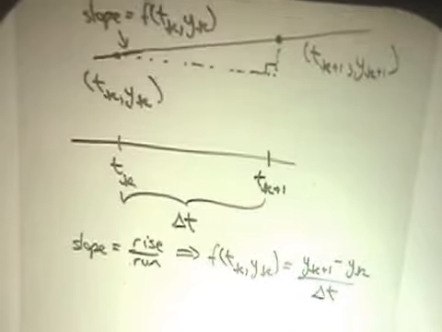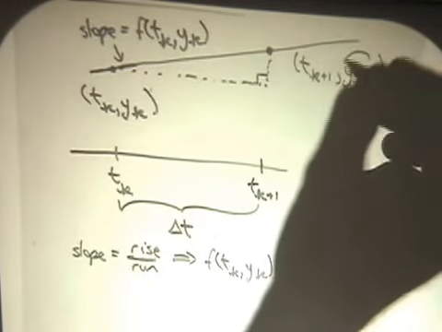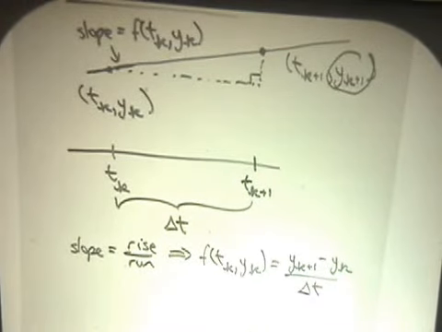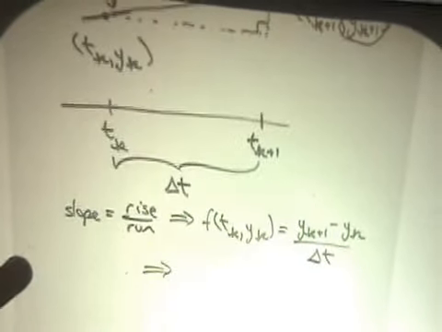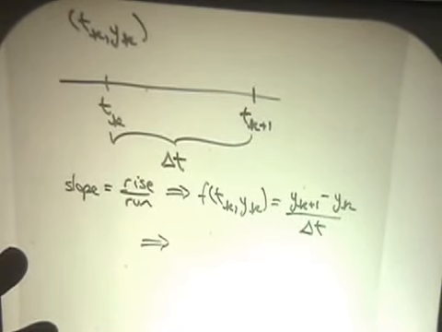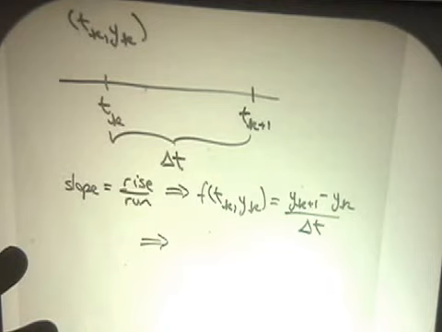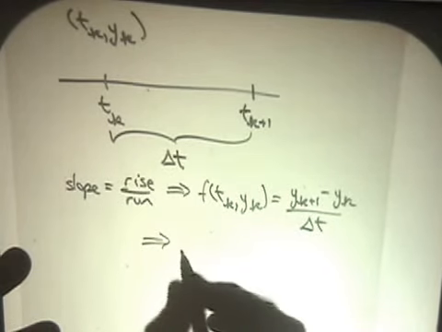And remember that I want to solve for y sub k plus 1. That's what I'd like to know. So all I need to do is use some algebra to solve this equation down here for y sub k plus 1. Try doing it in your head. Multiply both sides of the equation by delta t. Then add y sub k to both sides of the equation.